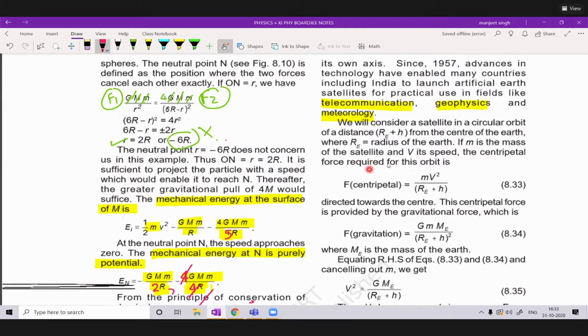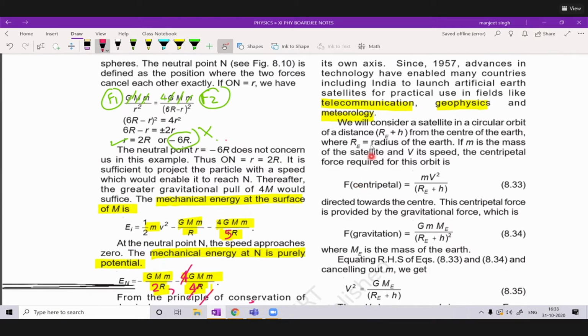Now artificial satellites are launched by developed countries with the help of rockets. Rockets achieve the escape velocity and place the satellite into orbit. Satellites have many practical uses. TV channels you see are because of the satellites.